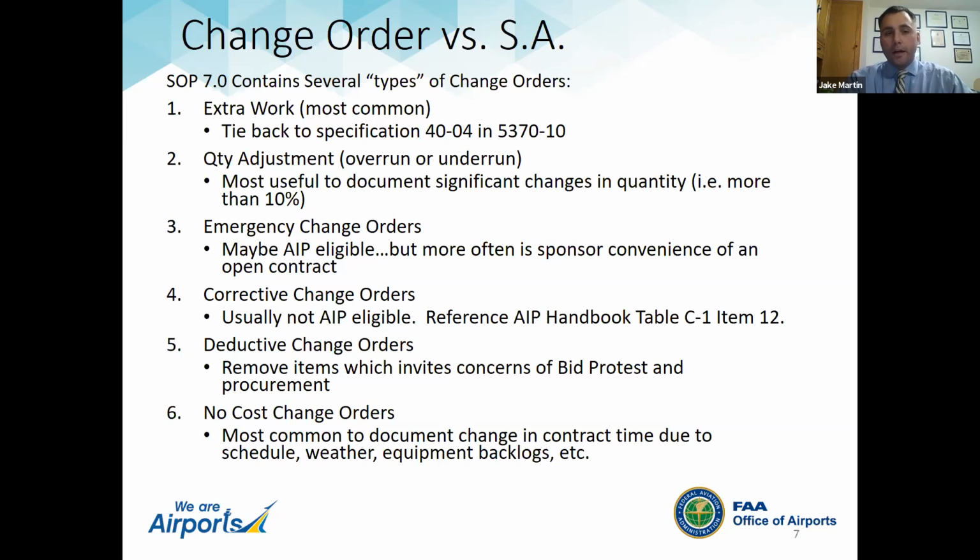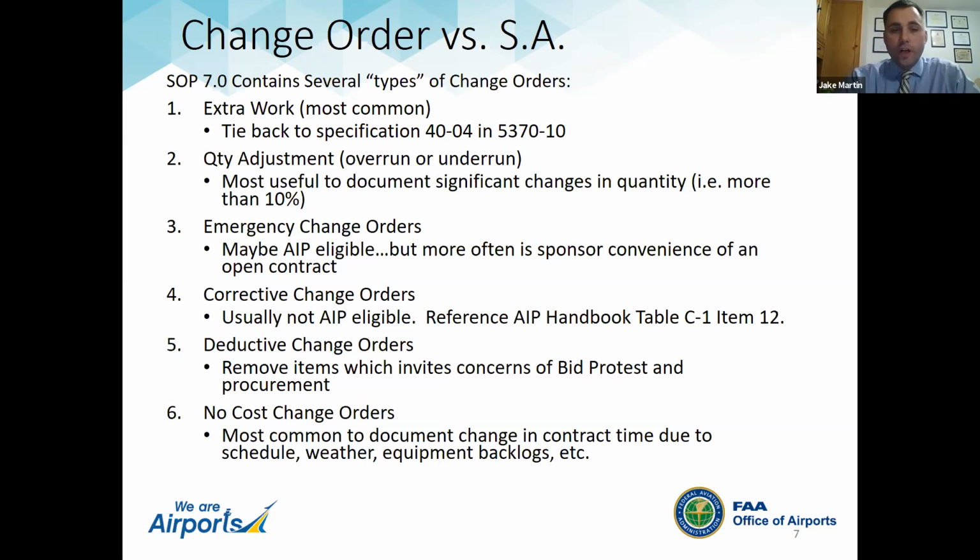And after you sign the contract, you removed that lighting item. Now that contractor may say, had I known I didn't have to do lighting, I would have put in a bid, and maybe it would have changed the bid pricing. We don't know those things. Those are speculative, but anytime you remove scope, we want to look at that and understand if there's a bid protest concern.